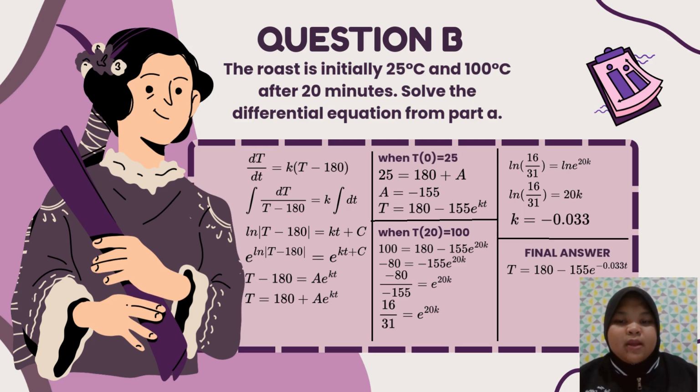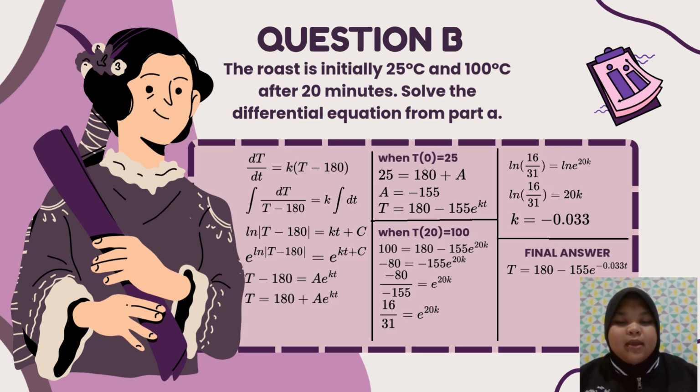After 20 minutes, its temperature increases to 100 degrees Celsius. We are also told that the surrounding temperature remains constant at 180 degrees Celsius. These values are important because they will be used to find the constants in our equation.